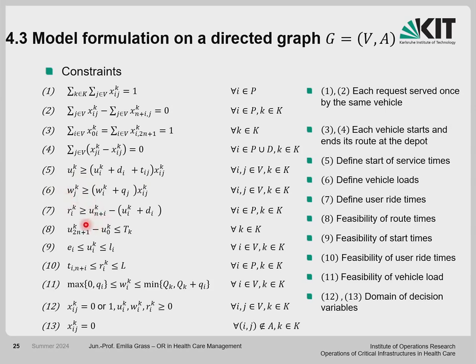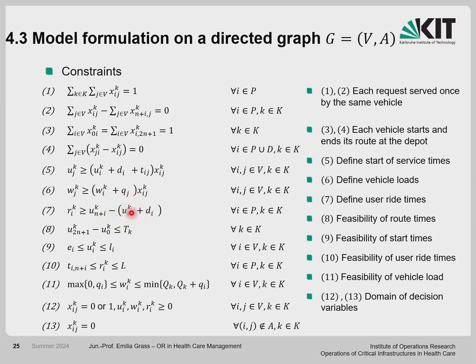The seventh one is to define user ride times. So we are starting at u, and then of course, let's say we are here at 10, minus half an hour.